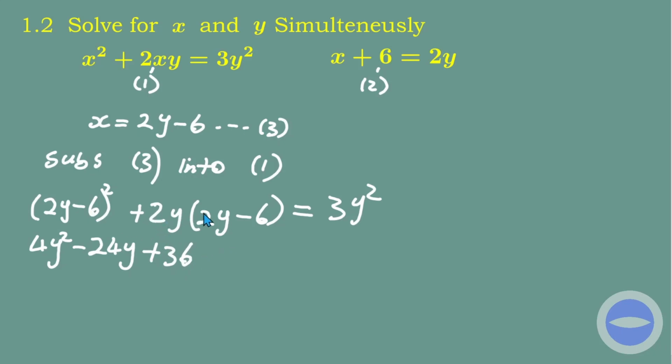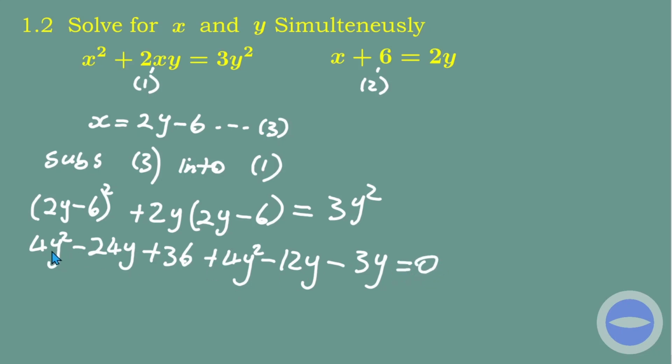Here is 2y times 2y, and then 2y times negative 6y, which is negative 12y, and then I will move this one to the right hand side, which will be negative 3y squared. I think I left something out: y squared somewhere. 2y times 2y is 4y squared. Yes, and then equals to 0.